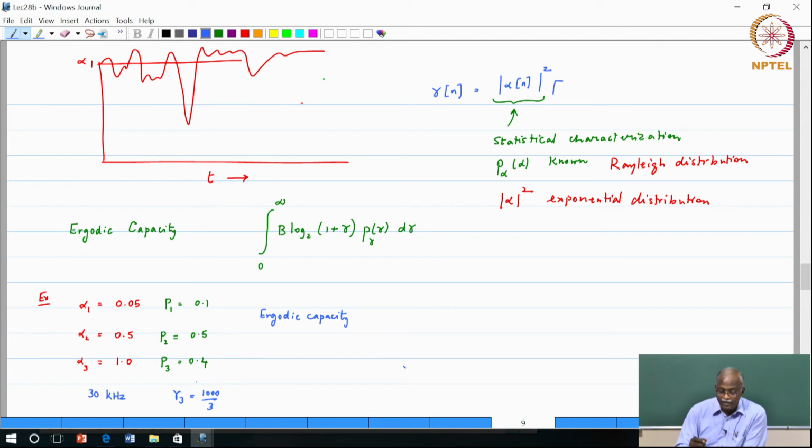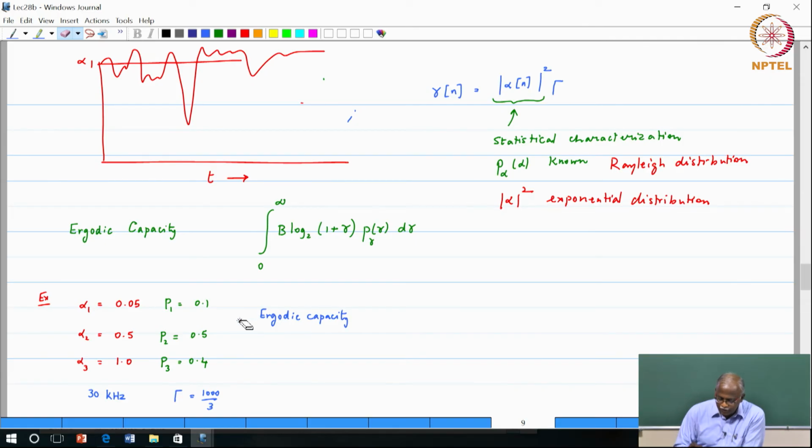So basically your gamma is 1. This is my default value. Let me make sure we have it correct: 3 into 10 power minus 5, yes, correct, with 1 watt transmitted power. So compute the ergodic capacity, and we will pick it up from there and move forward.